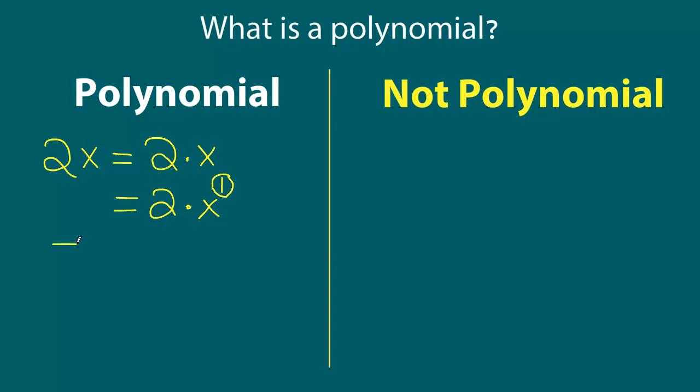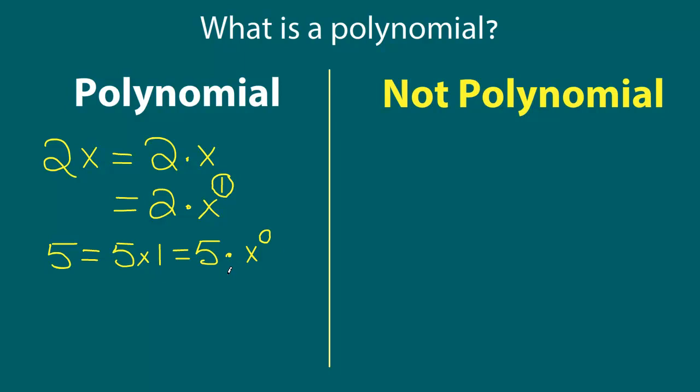How about simply the number 5? Actually, the number 5 is called a constant polynomial, and we're going to learn about this later. But for now, it is important to understand that we can write 5 as 5 times, of course, 1, and then we can write this as 5 times x to the power 0. Why is that?